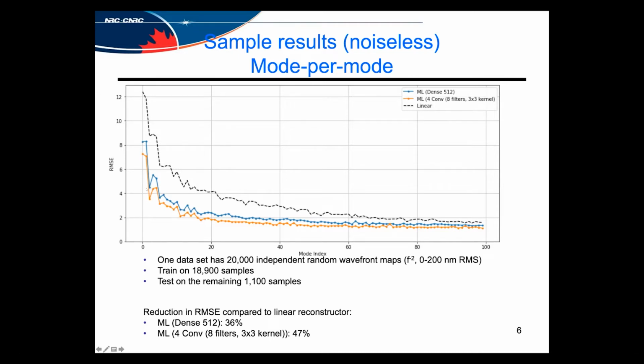We also see that the convolutional network, in orange, produces lower residual. So in that case, we reduce the total RMS, integrated over the 100 modes we reconstructed, by something like 40 to 50%. So this is quite nice.